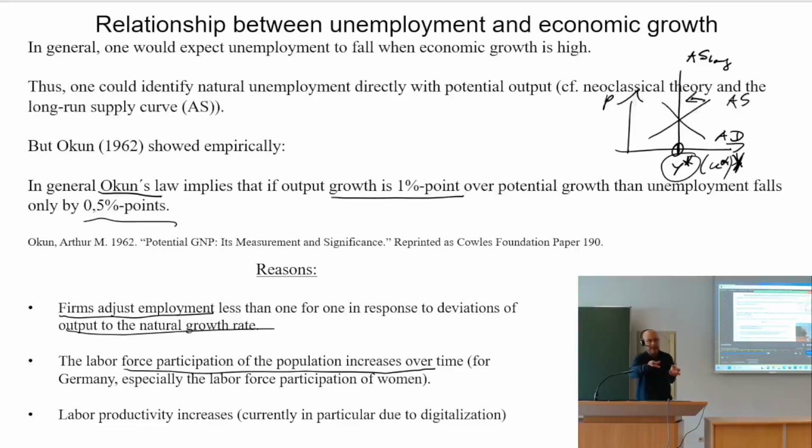And well, then this is one of the main explanations that you do not have this one-to-one match between economic growth and the unemployment rate relative to the natural rate of unemployment.